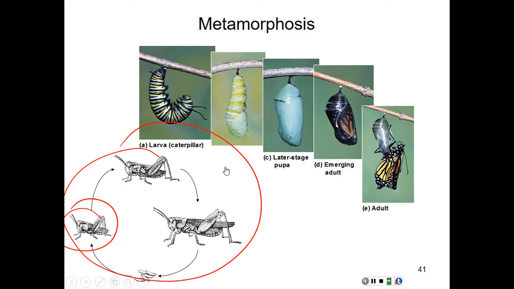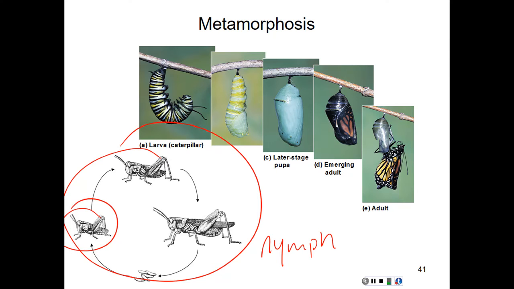Typically it would lack wings, and this juvenile usually is called a nymph. And eventually this nymph slowly, through several moltings, goes into adulthood and develops wings. So that's an incomplete metamorphosis.